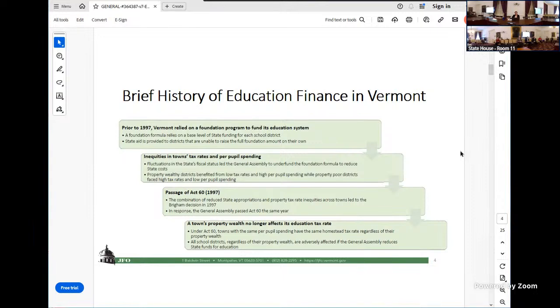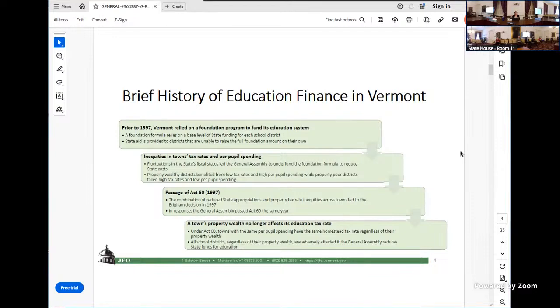So prior to 1997, Vermont had a foundation formula to fund its education system. And the way that it was structured led to inequities in towns' tax rates and also per pupil spending. There was a court case that determined there were inequities and it was unconstitutional, which ultimately led to the passage of Act 60 in 1997.